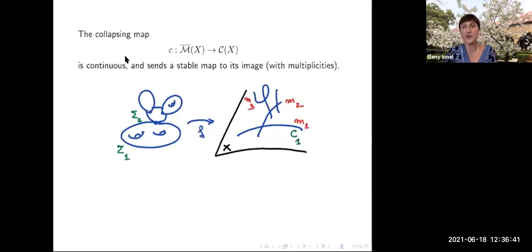So then, of course, we have a collapsing map. Remember, this is the moduli space of stable maps up to reparametrization, and these are just pseudo-holomorphic cycles, images with multiplicities.